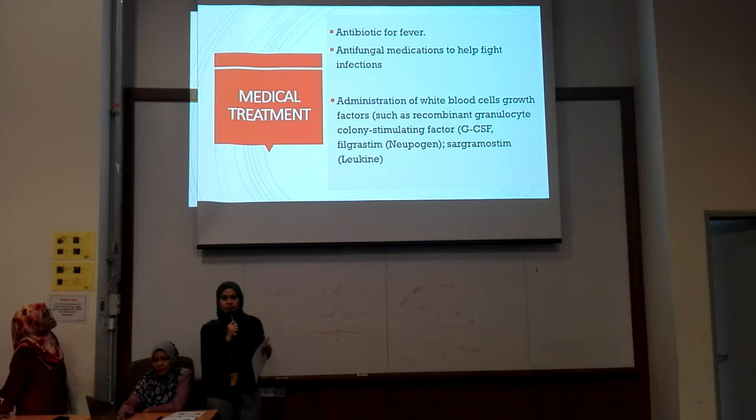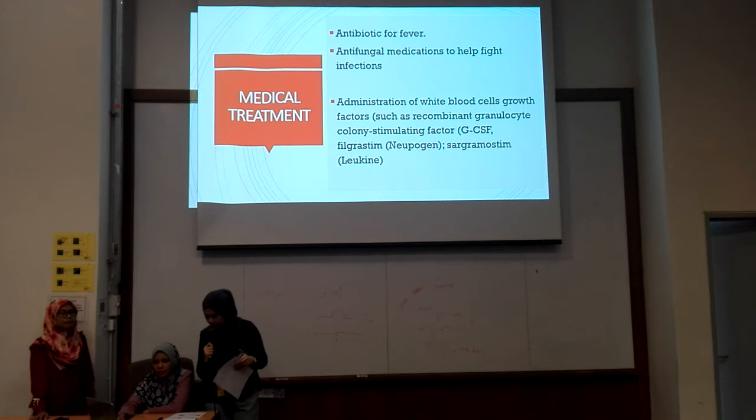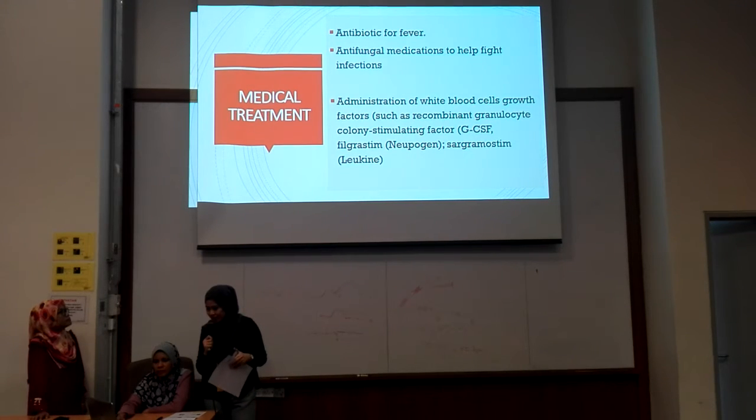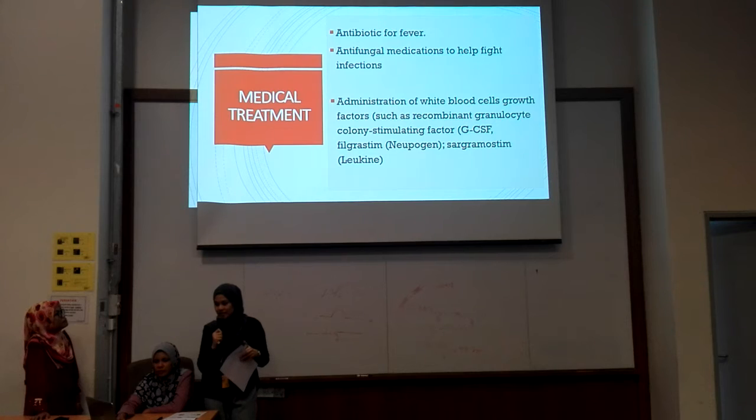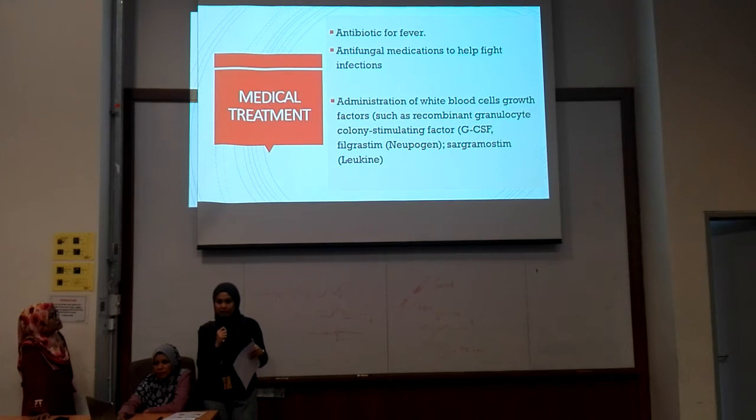For the medical treatment for neutropenia, we have antibiotic for fever, antifungal medication to help fight infections, administration of white blood cell growth factors such as recombinant granulocyte colony stimulating factor, G-CSF, filgrastim, Neupogen, sargramostim, Leukine.